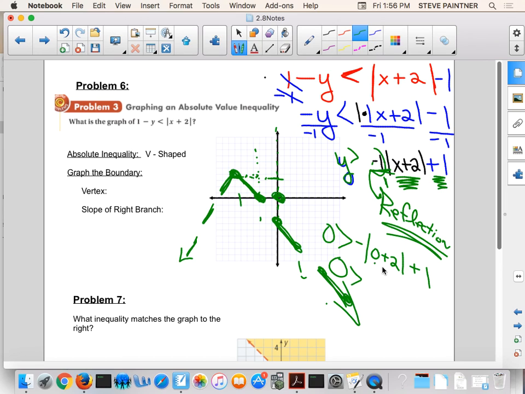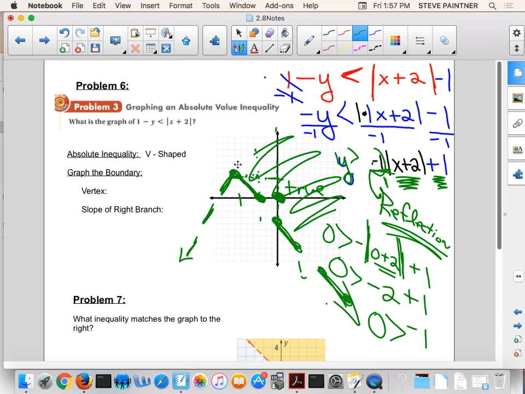Okay, what's 0 plus 2? 2. What's the absolute value of 2? 2, but there's a negative in front of it. 0 is greater than negative 1. Is 0 greater than negative 1? Yeah. So this is true. So let's shade where? Out here.